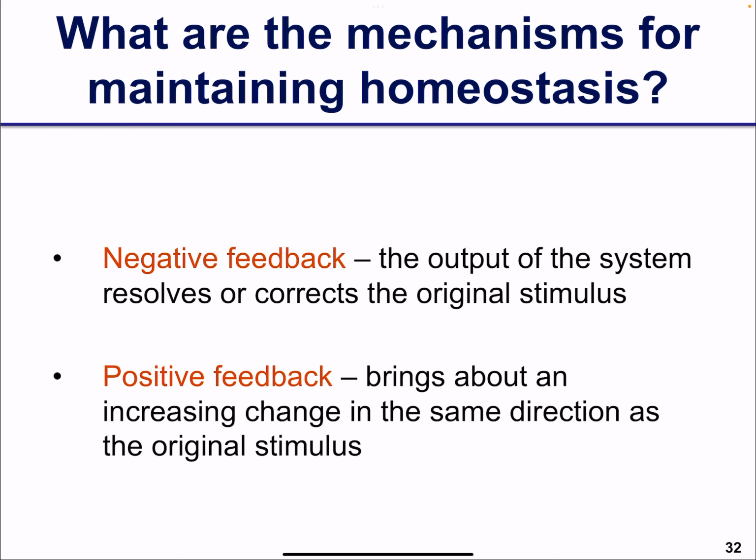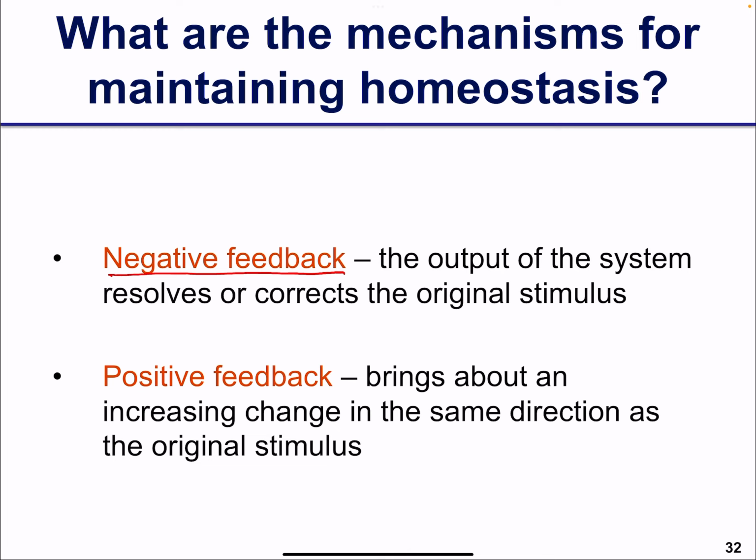Now, we are able to maintain a relatively stable internal environment by two major mechanisms. The first mechanism is the negative feedback. The negative feedback, it's when the result of a stimulus is causing the shutdown of the response.